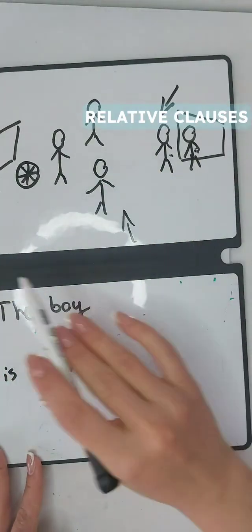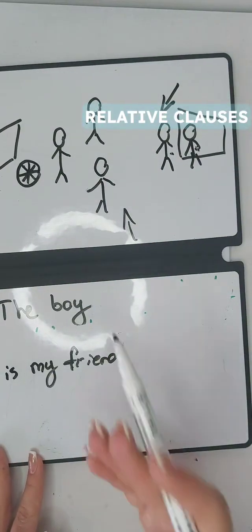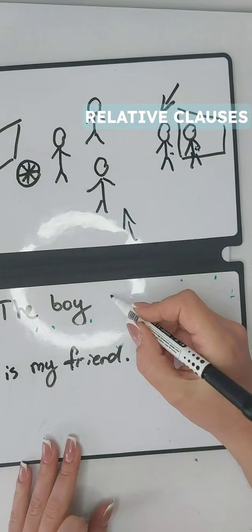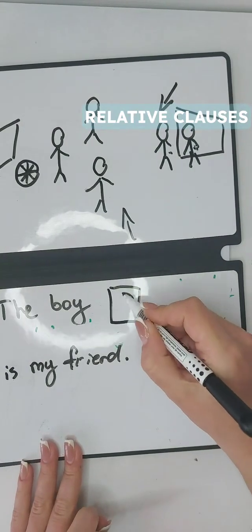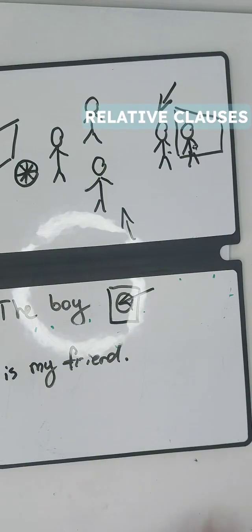And there are lots of people playing. The boy is my friend doesn't provide essential information to identify which boy we are talking about. That's where we need a passport.